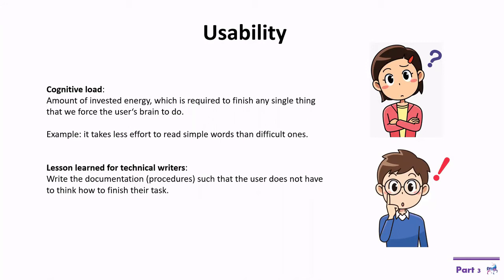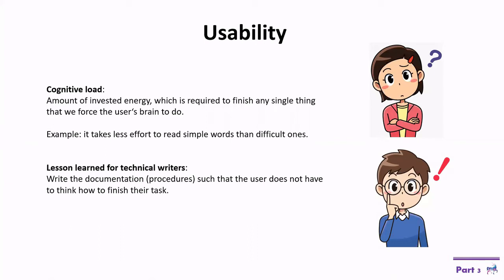One example from the documentation point of view: it takes less effort to read simple words than difficult ones. So if you don't have to think about something you want to do, the cognitive load is rather low. You save energy, it's not exhausting, and therefore you want to continue doing it.